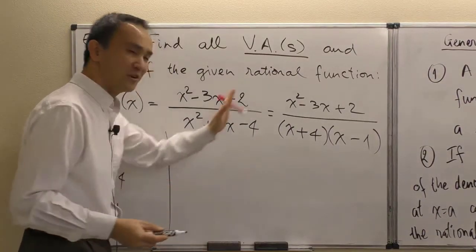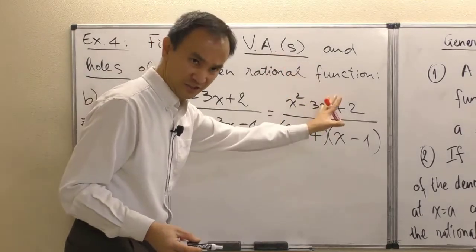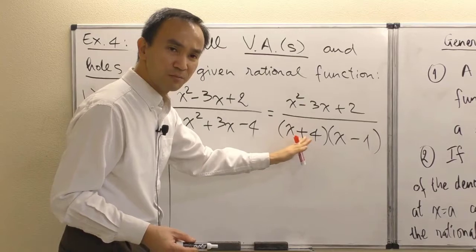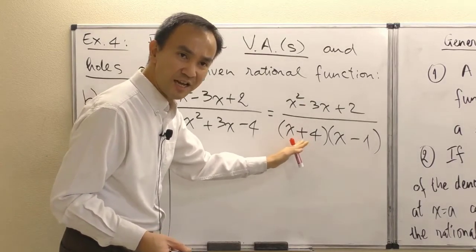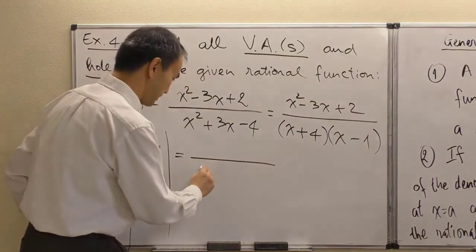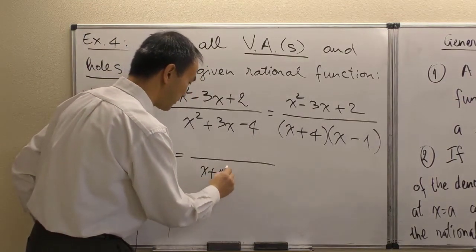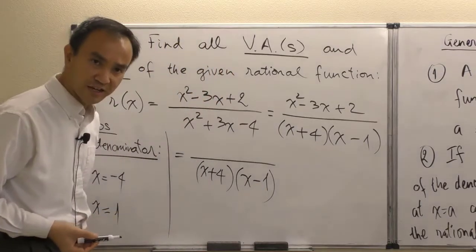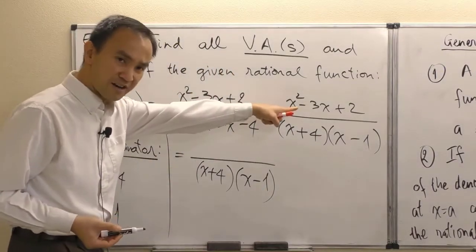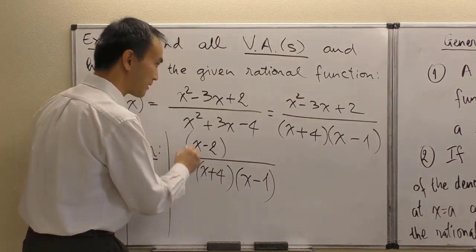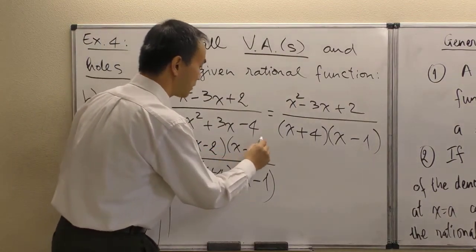So now we need to further factor out the numerator so that we can possibly find out whether we can cancel this x plus 4 away. In my next step, the denominator has already been finished in factor form, so that stays the same. But the numerator I can factor into x minus 2 times x minus 1.